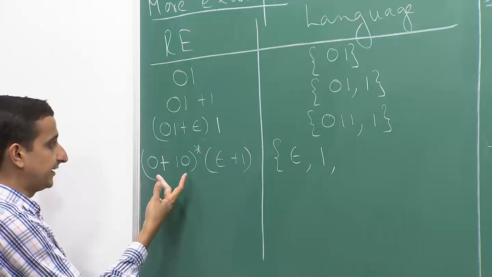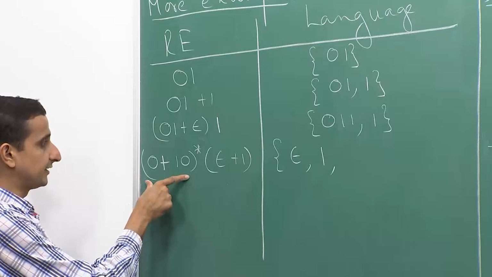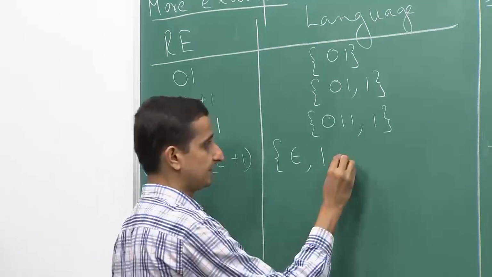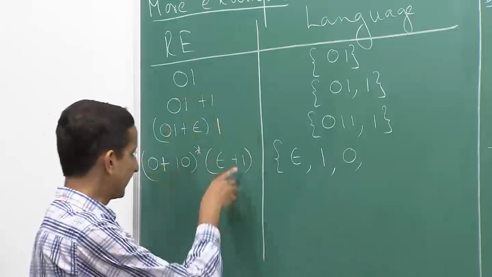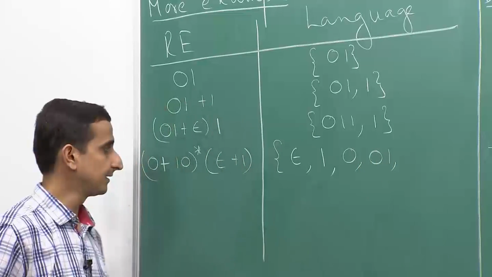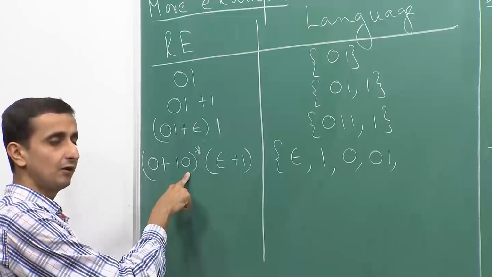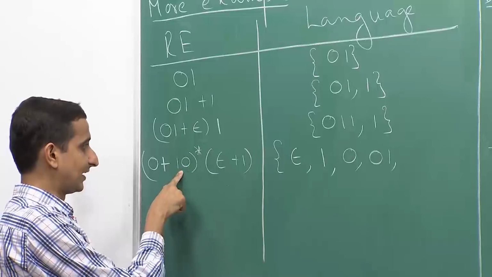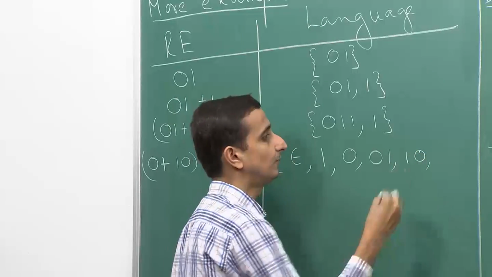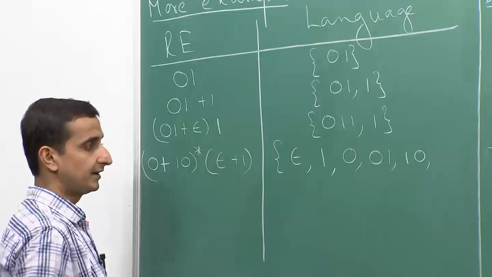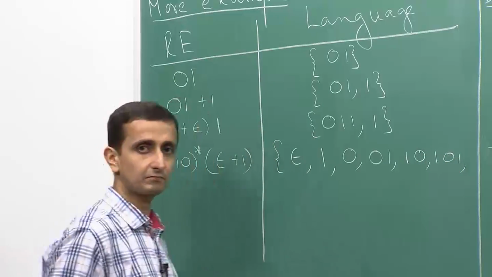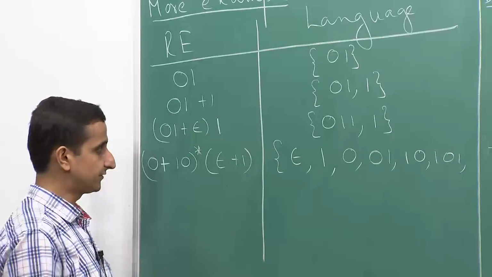Next, if I take strings which have only one string from this set. So, if I take 0, 0 concatenated with epsilon gives me 0, 0 concatenated with 1 gives me 01. Similarly, if I take 10 from the left hand side, 10 concatenated with epsilon will give me just 10, and 10 concatenated with 1 will give me 101. Now, let us take two strings.